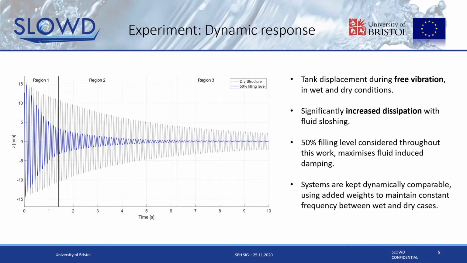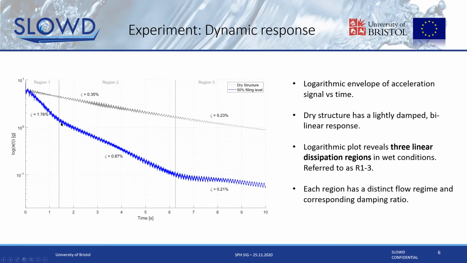But this is in a linear scale for our displacement. If we actually look at a logarithmic scale, so this is a log of the acceleration envelope of our wet and our dry cases, what we can initially see is that our dry structure is very lightly damped here. We're only looking at 0.23 to 0.35% of the critical damping for that structure.